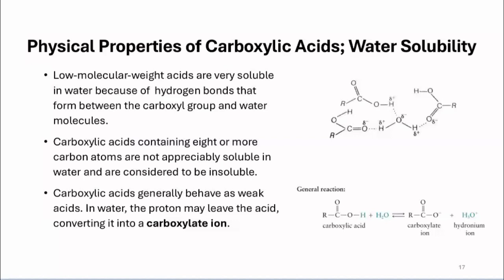So even though hydrogen bonding plays a role in the solubility of carboxylic acids in water, in addition, water can act as a base and pull the hydrogen from the carboxylic acid, forming the conjugate base, known as a carboxylate ion, and the hydronium ion. This also explains the solubility. But as I mentioned, when we form this carboxylate ion by water reacting with a carboxylic acid, this is reversible. In other words, the reaction is in equilibrium.